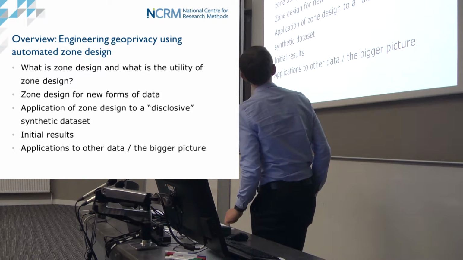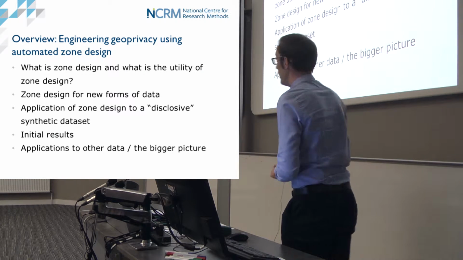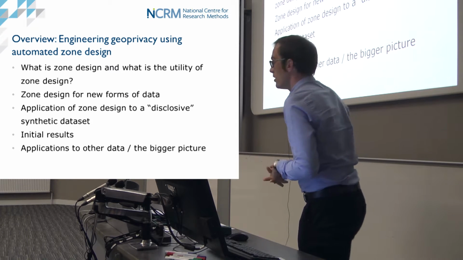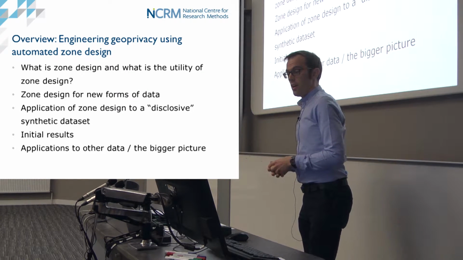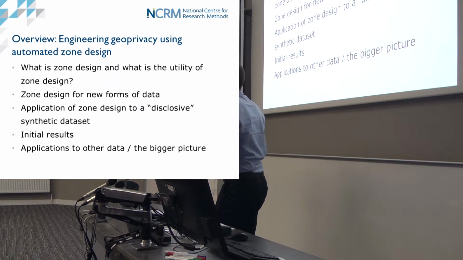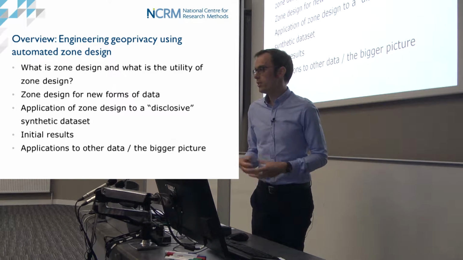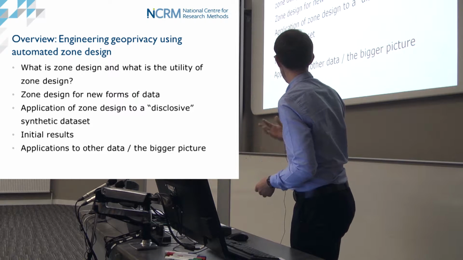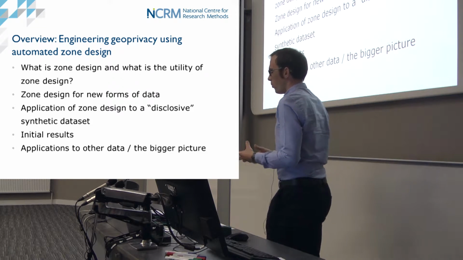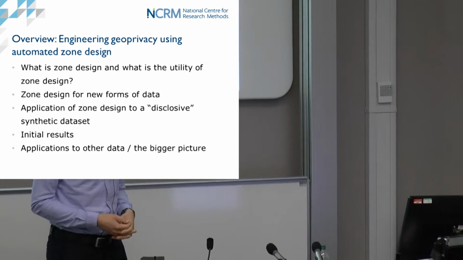So to give you an overview of what I'm going to be talking about today, I'm going to introduce zone design and explain the utility of this, and also how this relates to the new forms of data which we're starting to see, and what the value of our approach is.